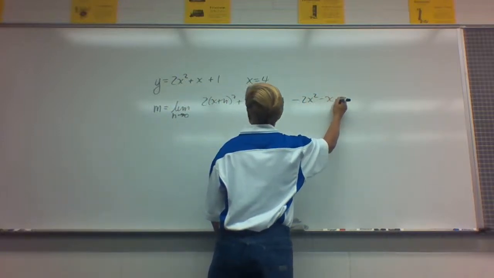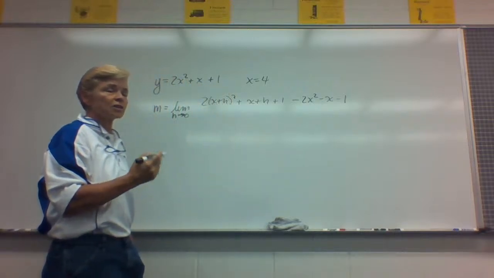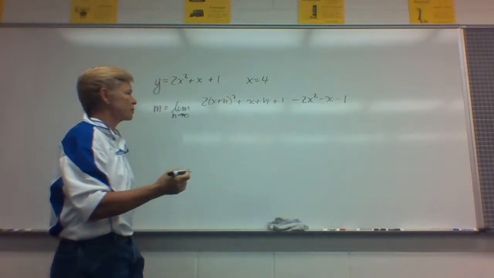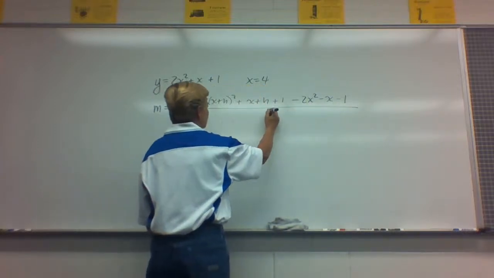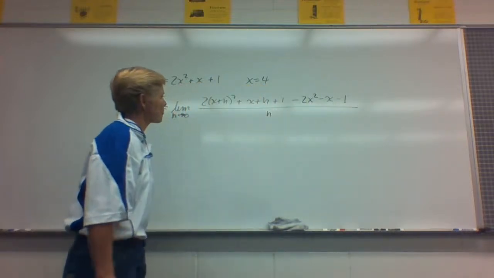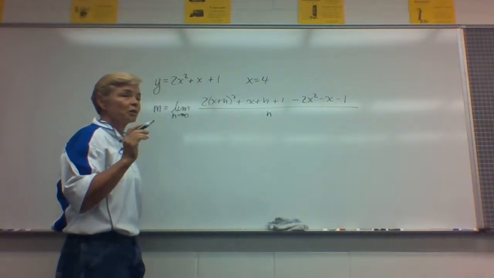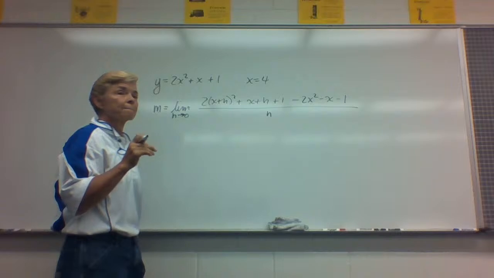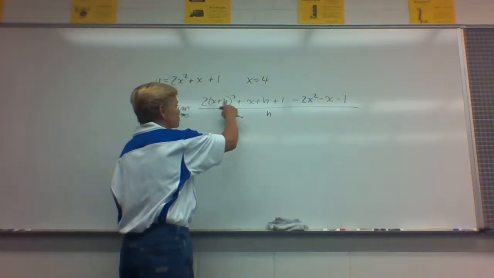How about if I distribute as I write it? Y'all understand what I did there? I'm going to subtract that function, but I distributed the subtraction as we go so I can save myself a step. Over h. Now keep paying attention, because there's something in here where you're going to stumble and people kick themselves when they see it. So what's the formula? f of x plus h means all x's get replaced with x plus h.